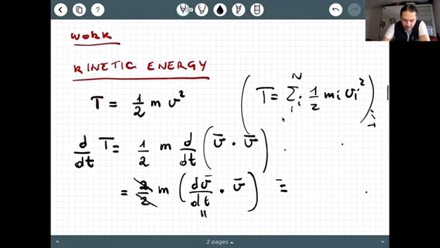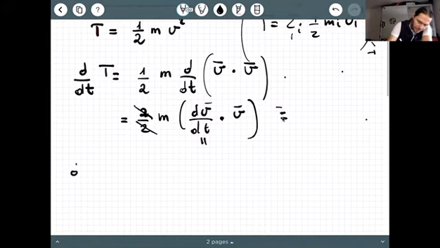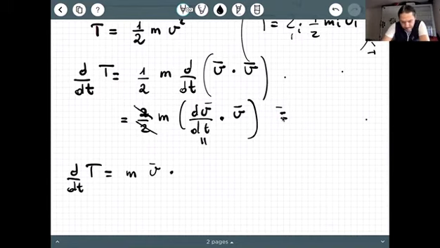Okay, so what we discover is that the derivative in time of the kinetic energy is actually the mass times the velocity times the force.